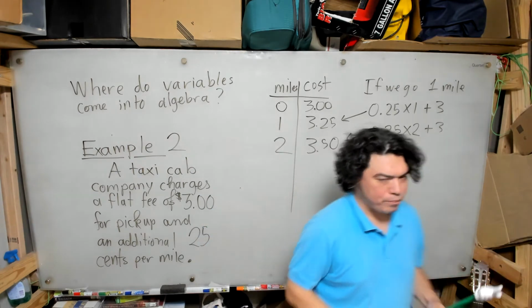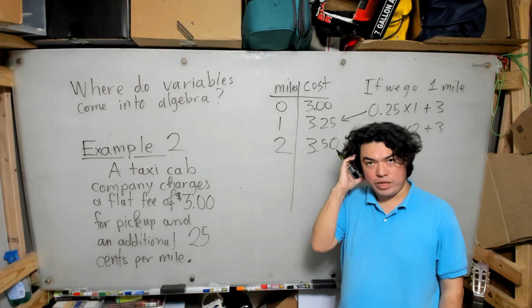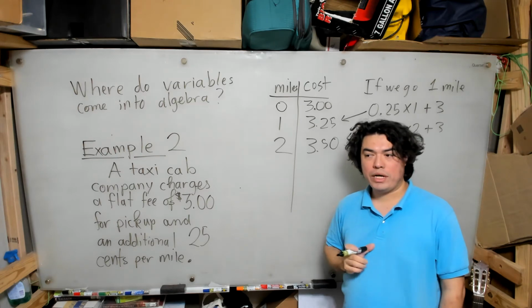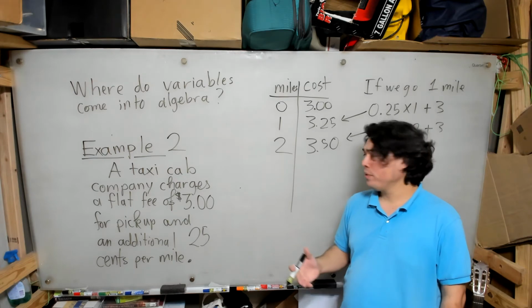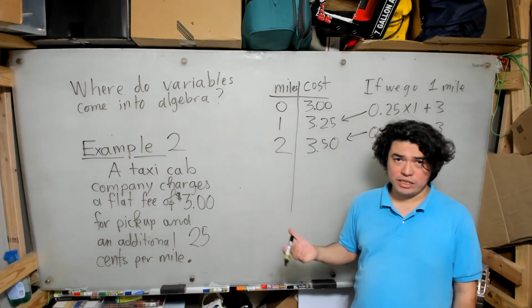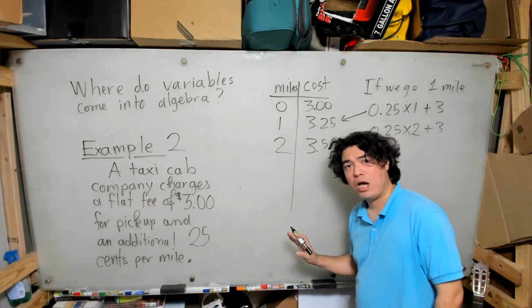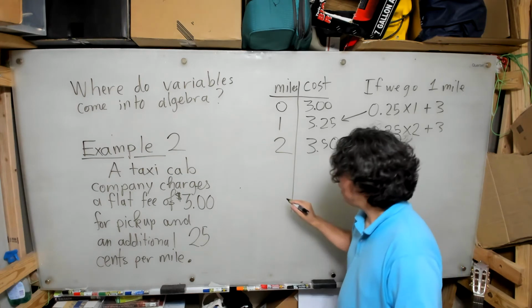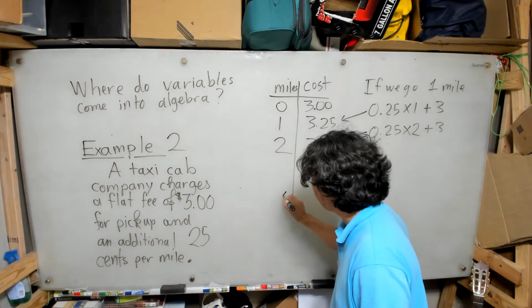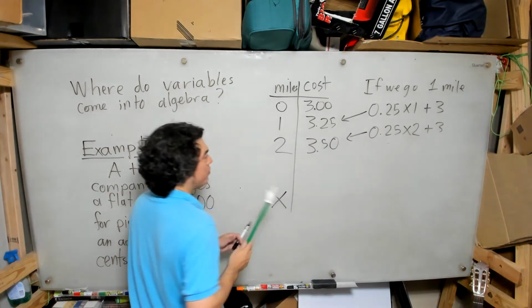So now, usually, we don't know how far we're going to go in the taxi cab when we get in. We know roughly that we want to go to a particular location, but we don't know the exact distance. But I can now state exactly how much I'm going to pay via an algebraic expression. If I travel X miles, I want you to look at this pattern that I did over here.